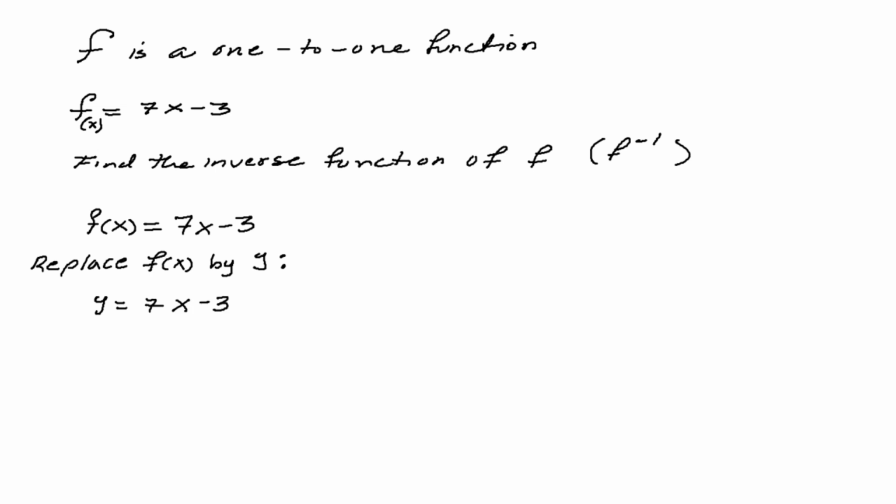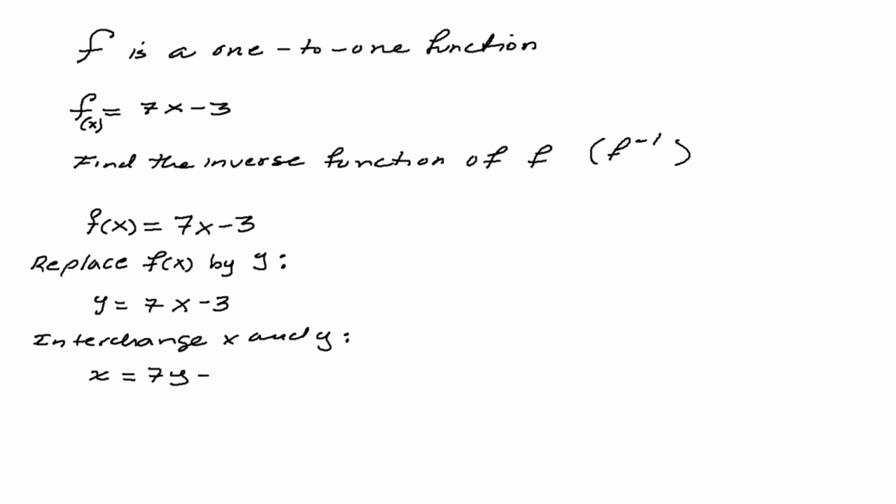Now we're going to interchange x and y. So where you have the y, you will now put an x. Where you have the x, you will now put a y.